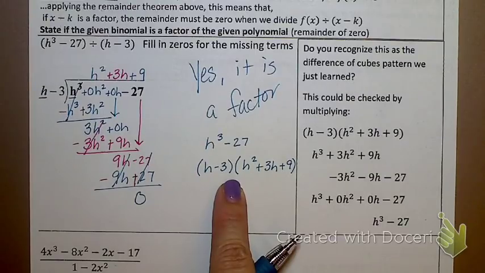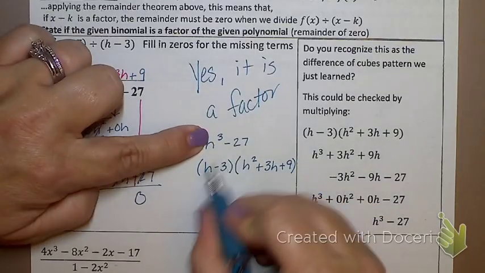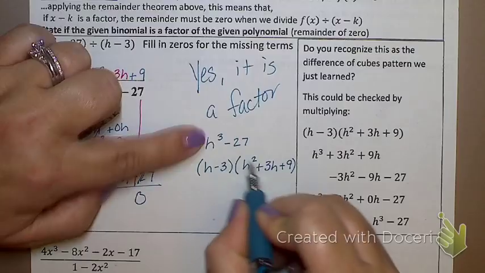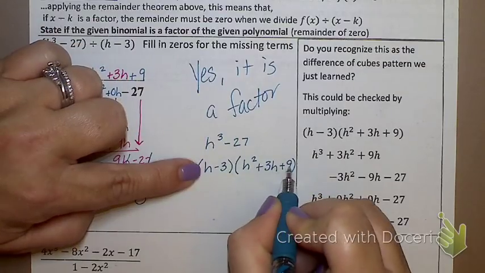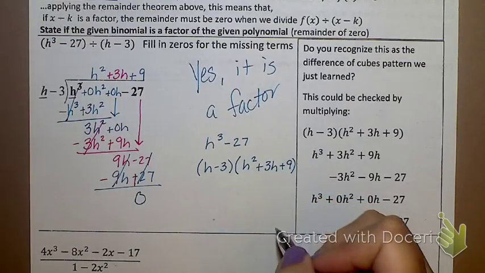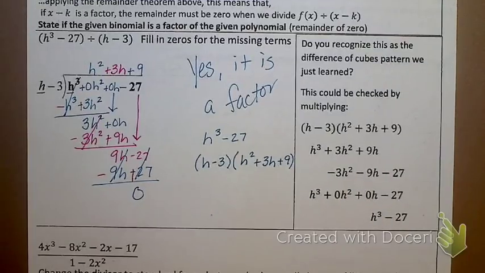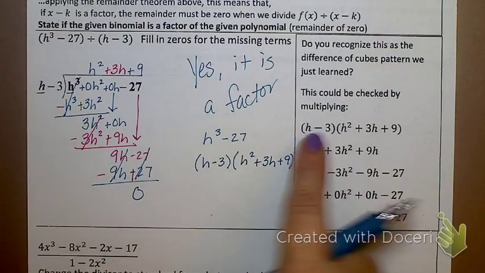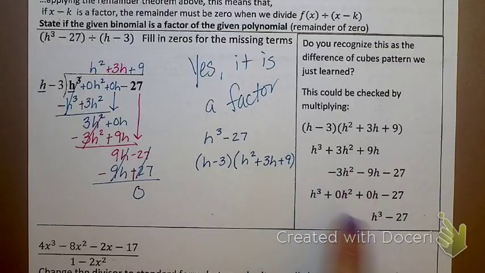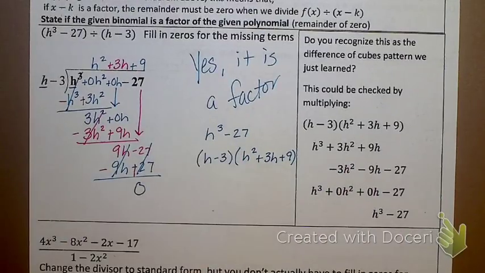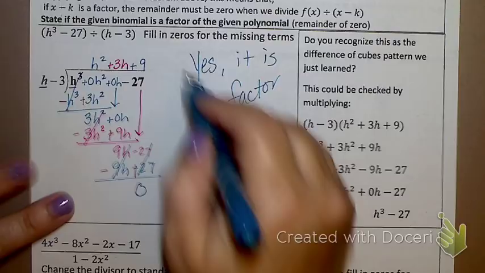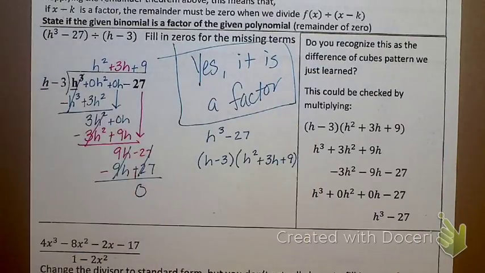Exact same, right? First term minus that guy, then you square the h, multiply the 2, and square the 3. Okay, kind of makes sense. You could check it, you could multiply those out, and you'll see that you will end up getting h to the third minus 27. This is what that particular question was asking, though.